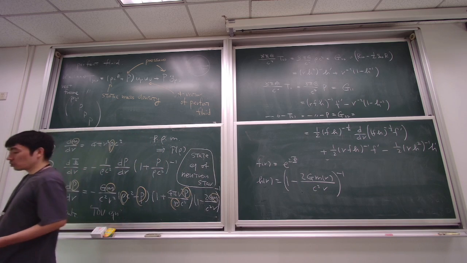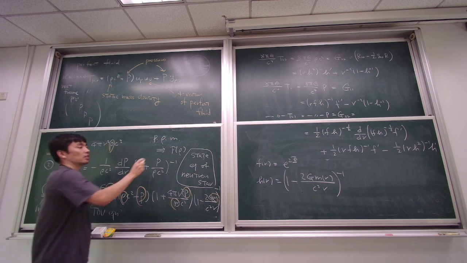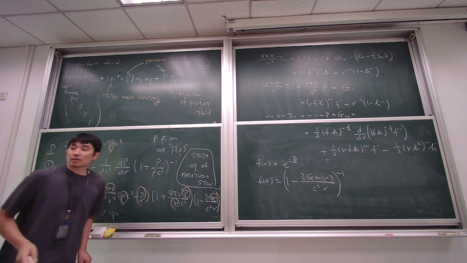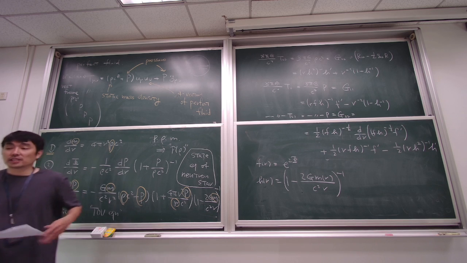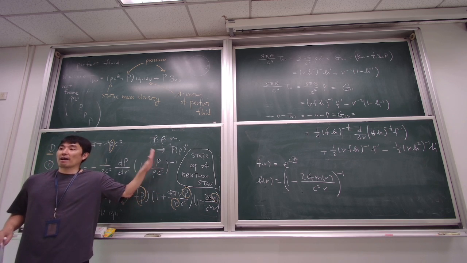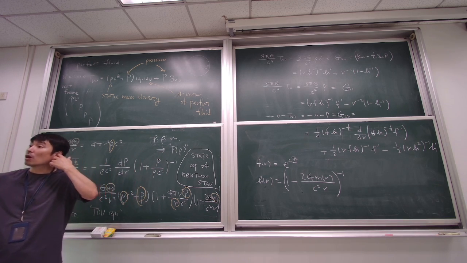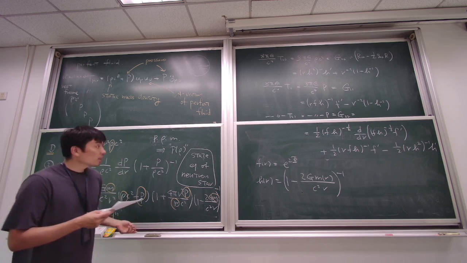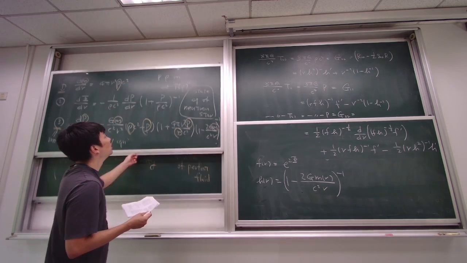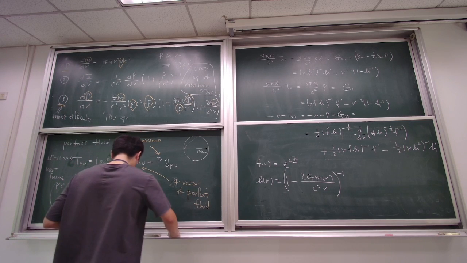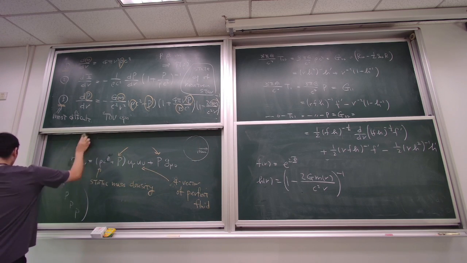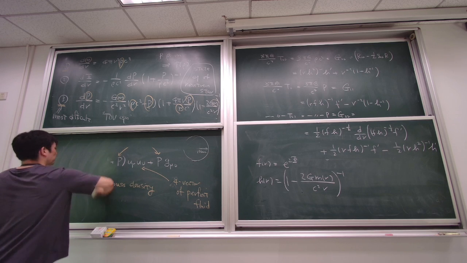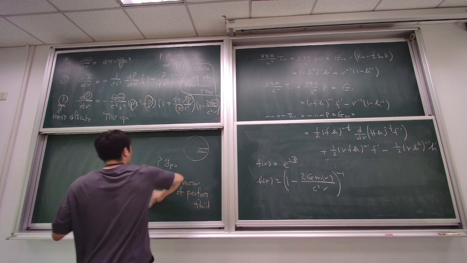One has to give how the pressure and the mass density are correlated inside a neutron star. So you have to make some assumptions. And many people did that.